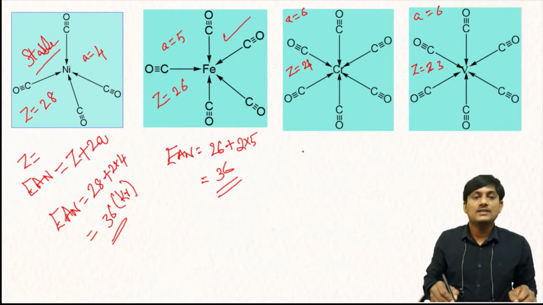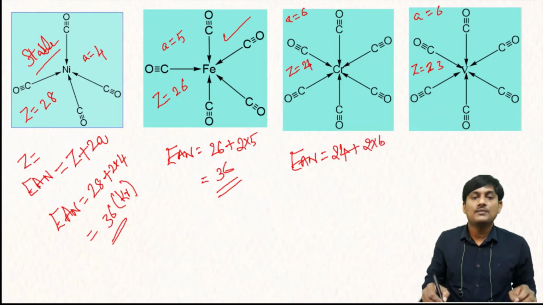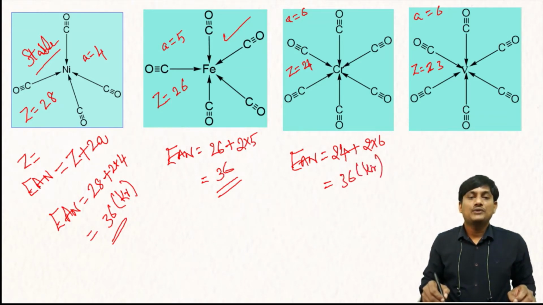For Cr(CO)6, Z is equal to 24. So the effective atomic number is equal to 24 plus 2 into 6, which is 24 plus 12, that is 36. Again, this one attains the electronic configuration of krypton. It is equal to the atomic number of krypton.